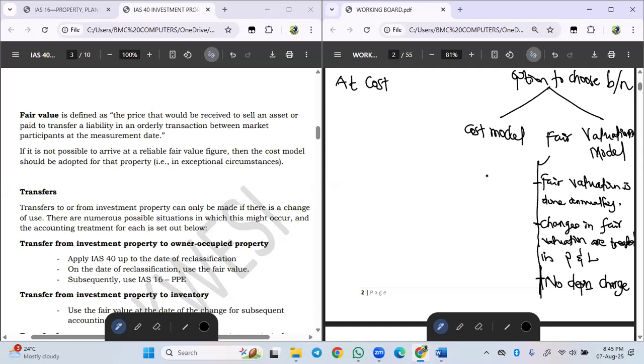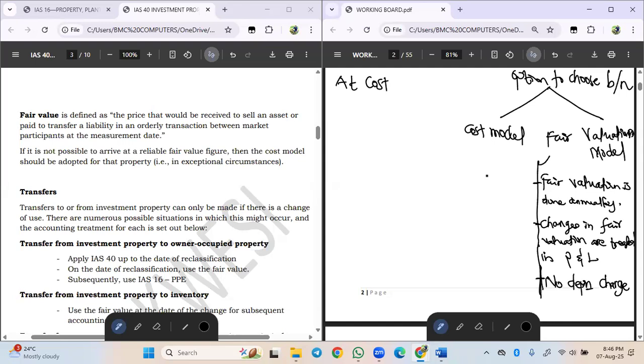It will appear in the P&L where the revaluation loss exceeds the previous revaluation gain in respect of the same asset. But for the fair valuation model under IAS 40, the changes, whether fair valuation gain or fair valuation loss, are treated straight in P&L.